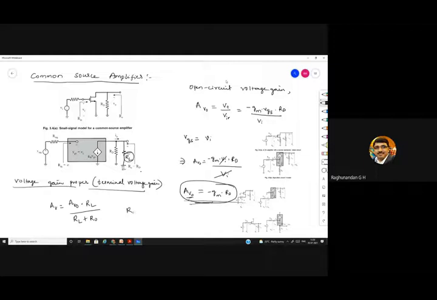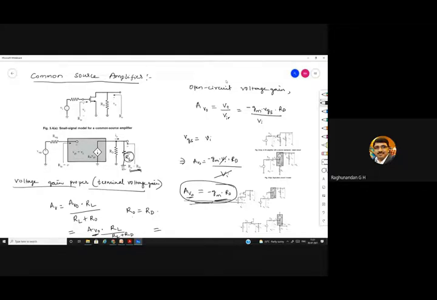R naught can also be written as RD because, as you know, RD is acting like R naught, the output resistance. So this can be rewritten as AV naught into RL by RL plus RD, and also we will substitute for AV naught.